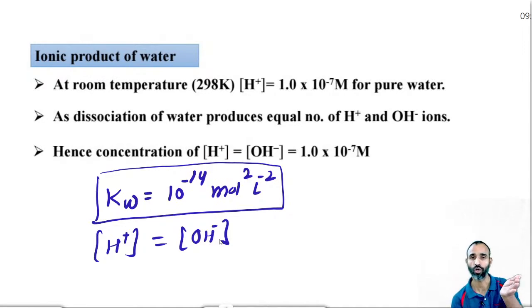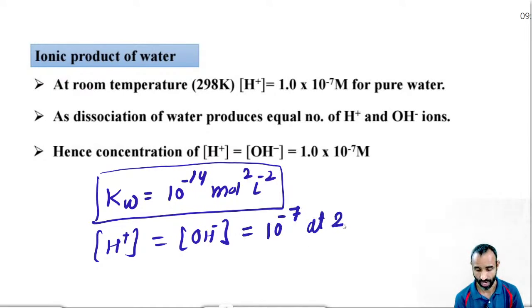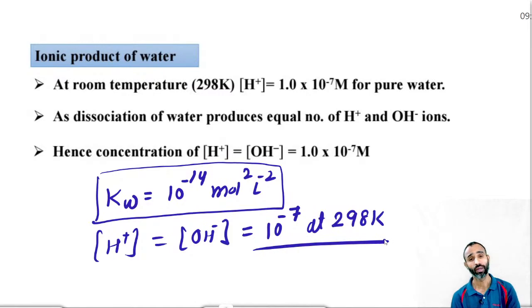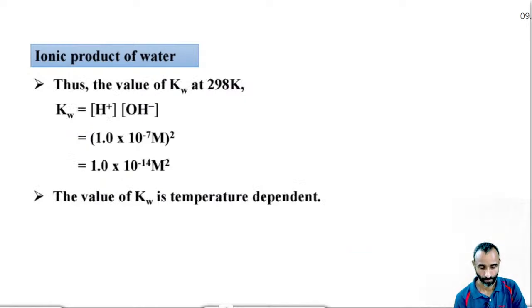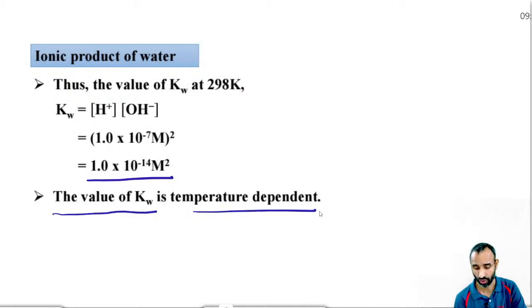So the concentration of H plus and OH negative is equal, and that is equal to 10 raised to power minus 7 at 298 Kelvin. We should mention the temperature. If temperature is not mentioned, that means temperature is 298 Kelvin. So the ionic product of water is 10 raised to power minus 14 mole square, and the value of Kw is temperature dependent, that we have discussed.